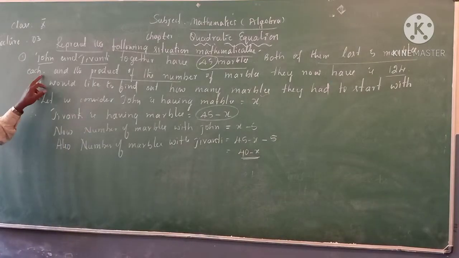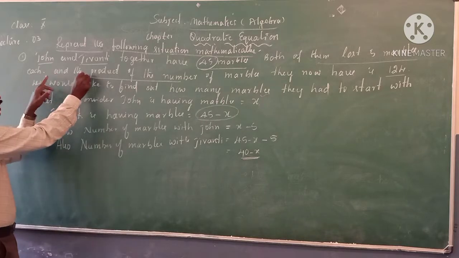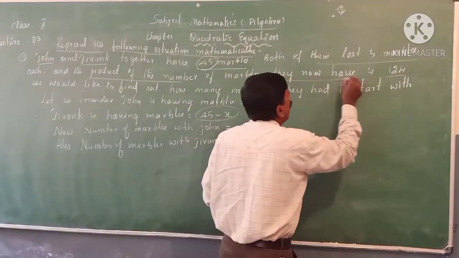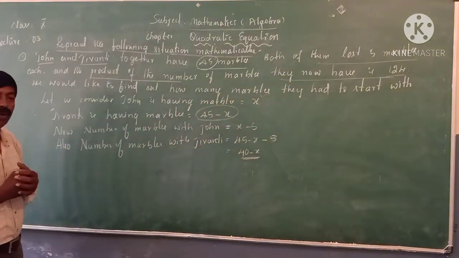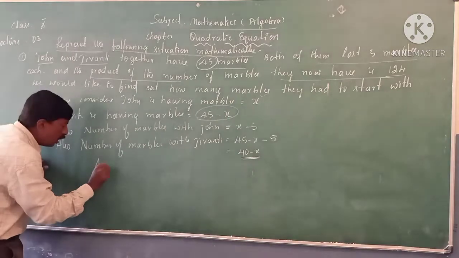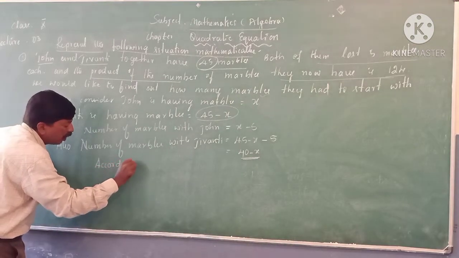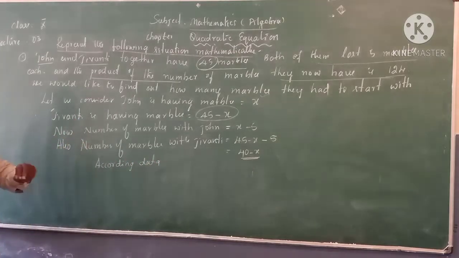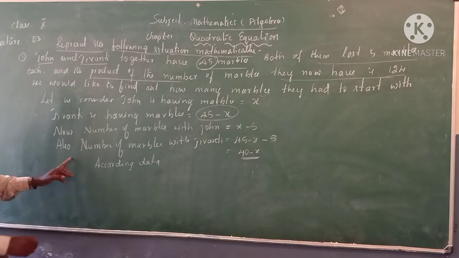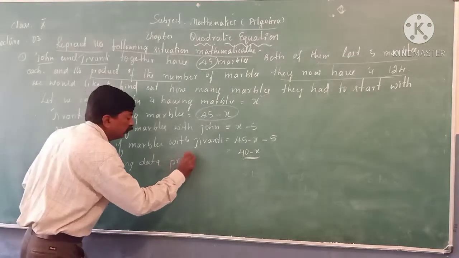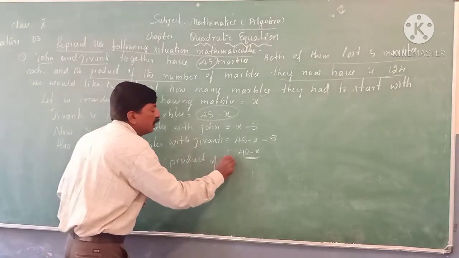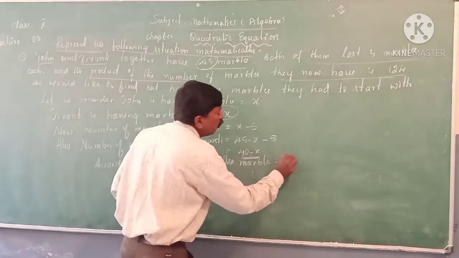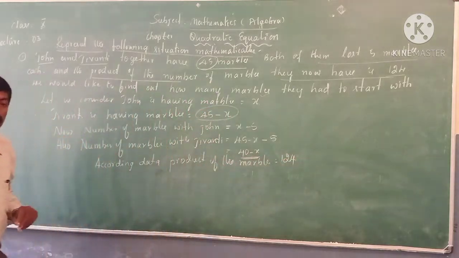Now read this statement. Okay, we have completed that. And the product of the marbles they have is 124. So according to the data, the product of the marbles of both of them is 124.